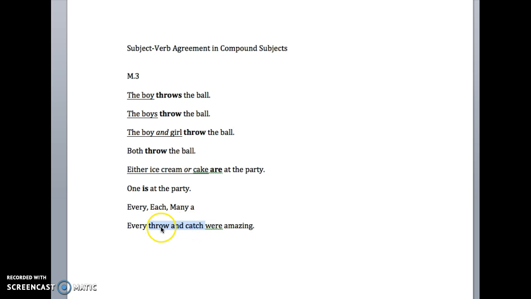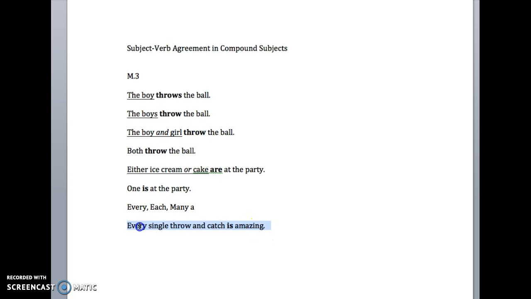That's plural, right? So you'd make it were. Let's add single. Maybe that makes it a little bit more obvious to you. This would be was. This is singular, or is. This needs to be singular because we have the word every. This is implying that it's a single thing. A throw and catch is amazing.